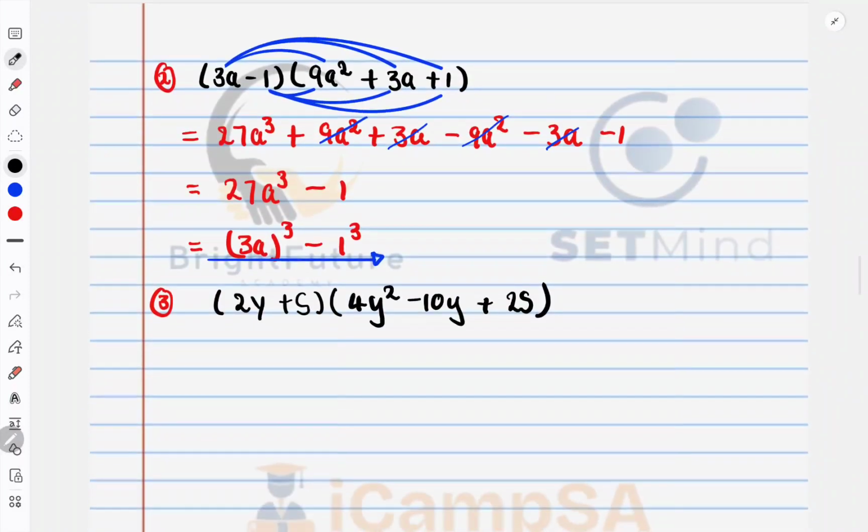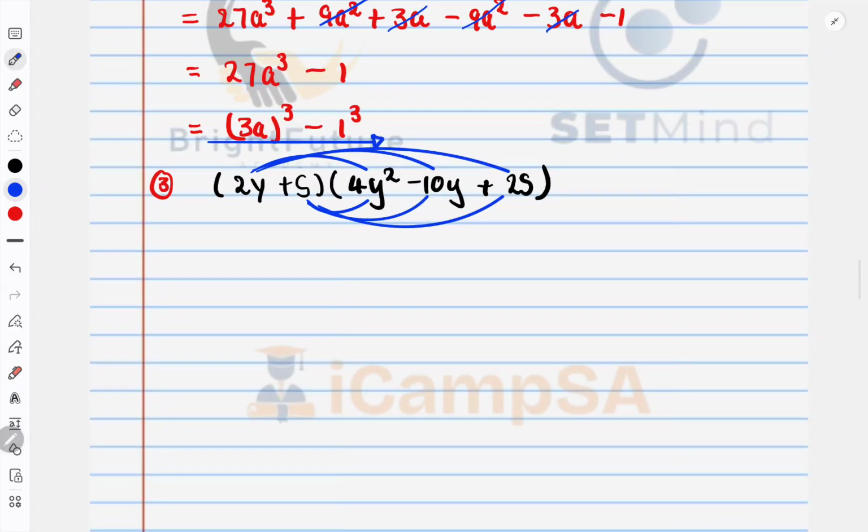Okay, first term, we distribute it accordingly, and then the second term. Let's go then.